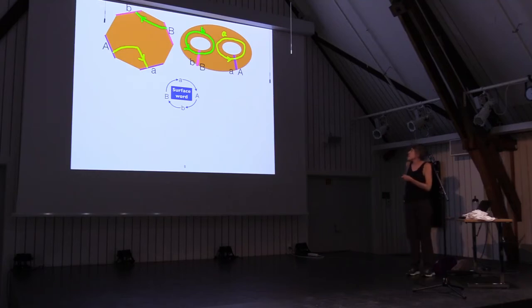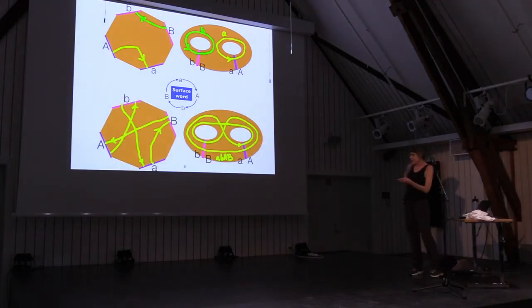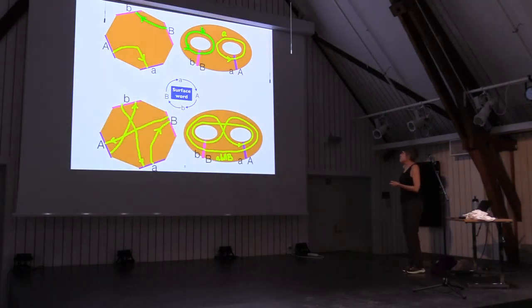And these two curves that I have here, the green and the yellow, are labeled A and B. They are directed curves. The arrow tells you they are directed. And here I have a more complicated curve. To see what word I'm going to associate to this curve, I start at any point, say here, and I go around.